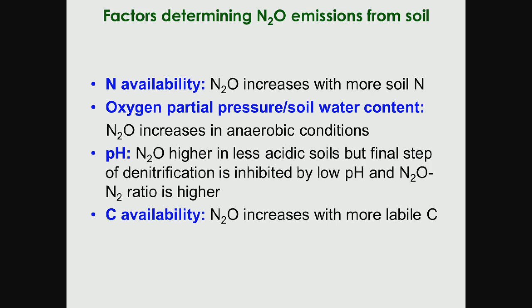So, as I said, there's various factors, various conditions that can determine increased or decreased nitrous oxide production through these microbial activities. I've already talked about the oxygen conditions, so aerobic versus anaerobic conditions, and as I said, when the soils are more anaerobic, we're getting substantial production of nitrous oxide due to these denitrification activities.